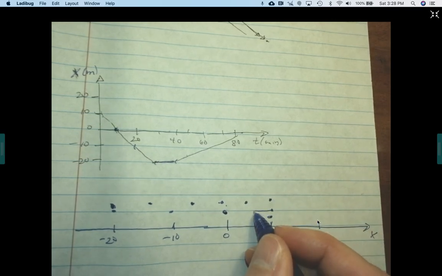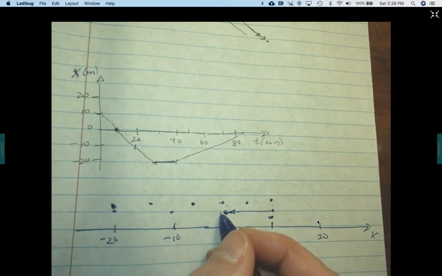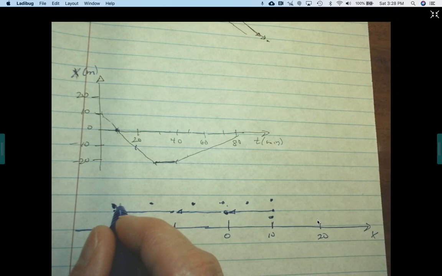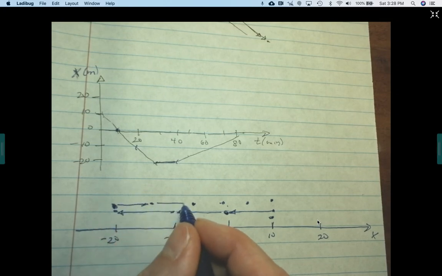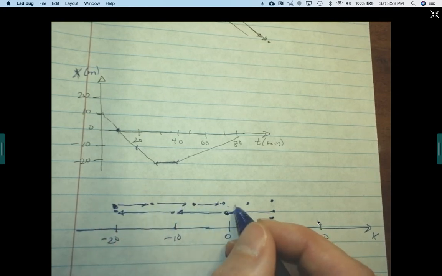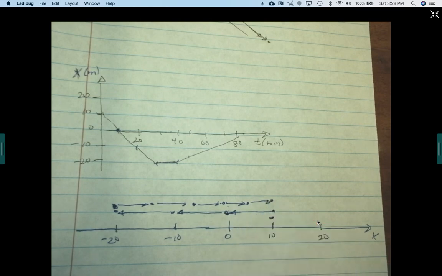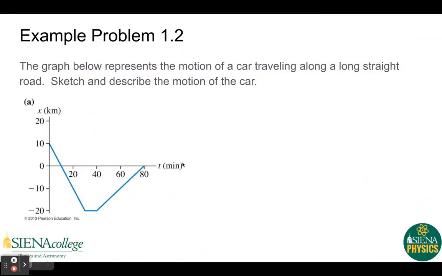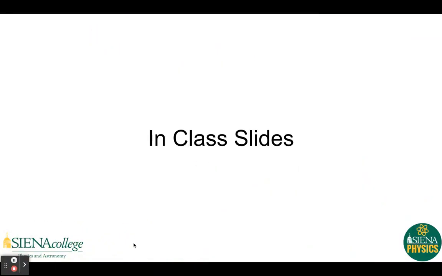Meaning that we're moving this way initially. The arrows help us figure out the direction of motion, and then it comes back to the origin that way. Okay. And then the remainder of the slides we will do in class, lots more practice.